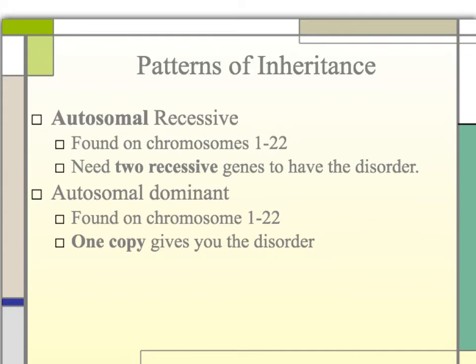So, patterns of inheritance. You need to remember that we have autosomal chromosomes, which are chromosomes 1 through 22, so we're excluding the sex chromosomes, the X and the Y, for nomenclature purposes. When you have an autosomal recessive disorder, we're showing that we have the homologous partners, so you need to get two bad copies in order to show that disorder, versus autosomal dominant.